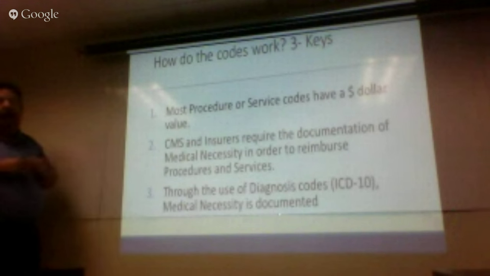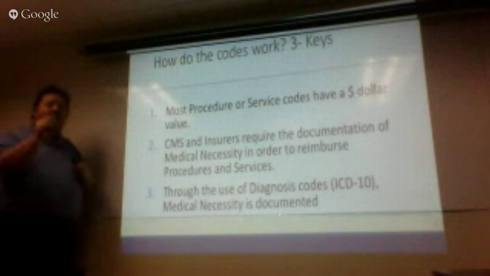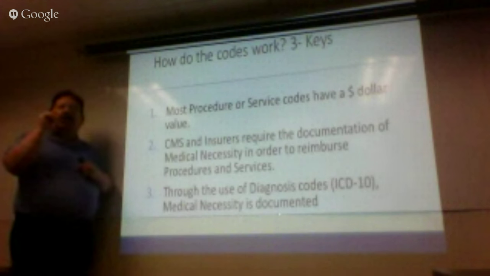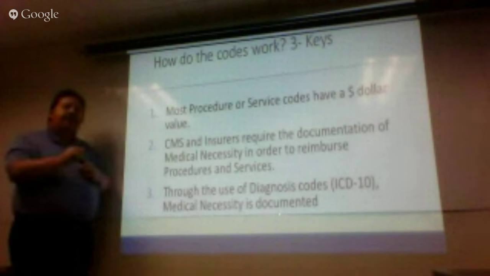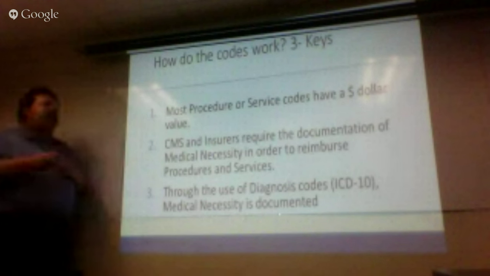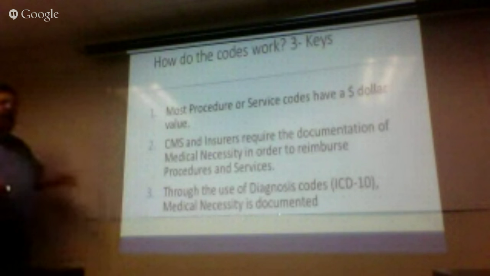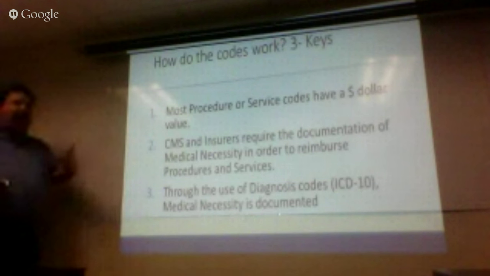ICD-10 codes, or right now ICD-9, they document medical necessity. So an accurate code delivers accurate reimbursement. Solid, steady level. But 3 things. It's got to have a reason for that and link them together.